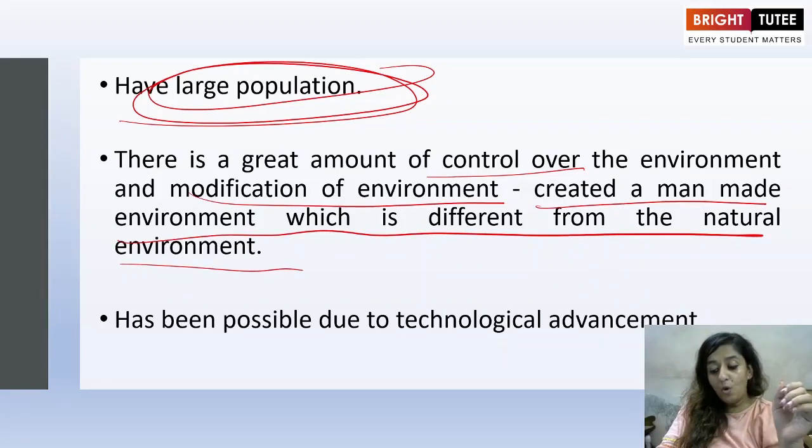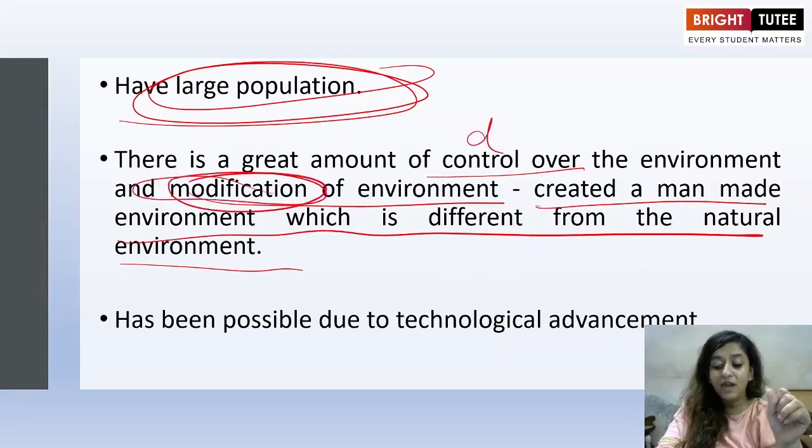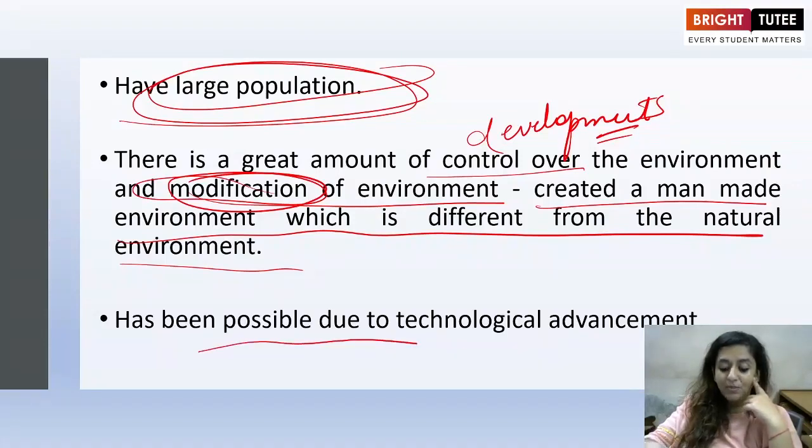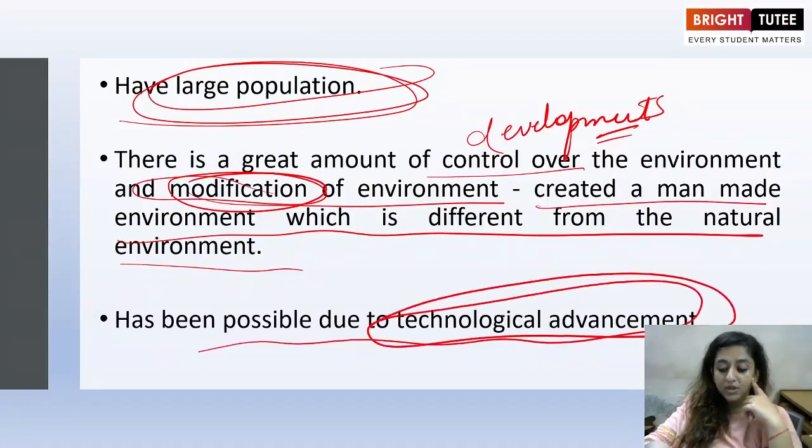You have all of those technological developments, because of which we have been able to have an environment which is more as per ourselves, rather than the environment which is naturally present. And it has been possible only due to technological advancements.